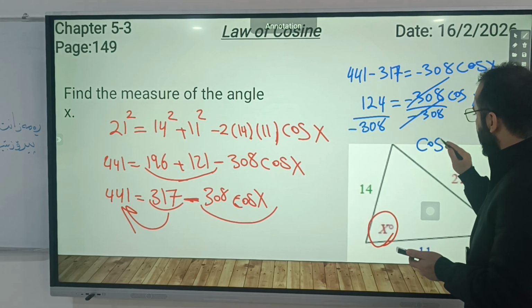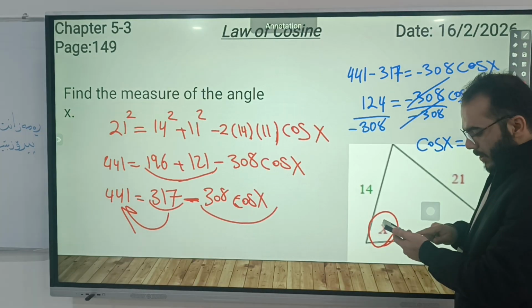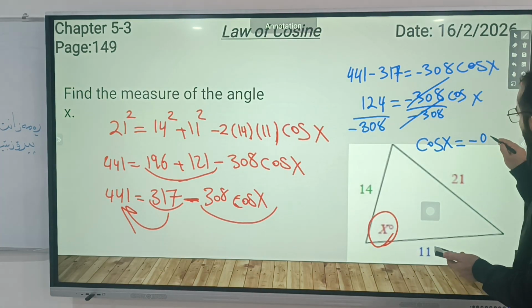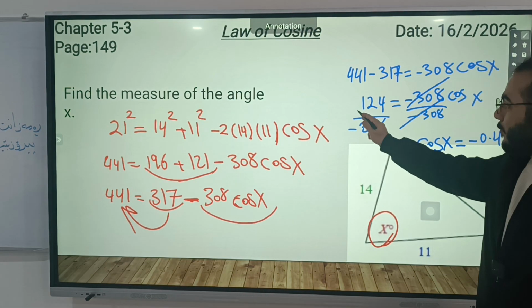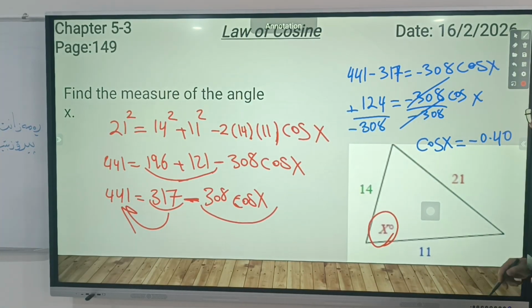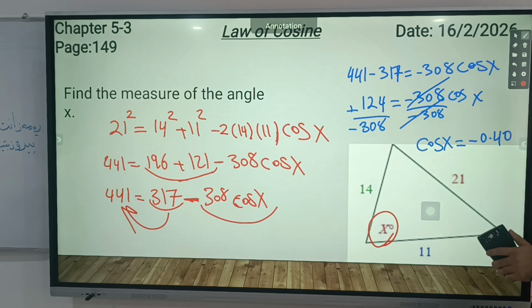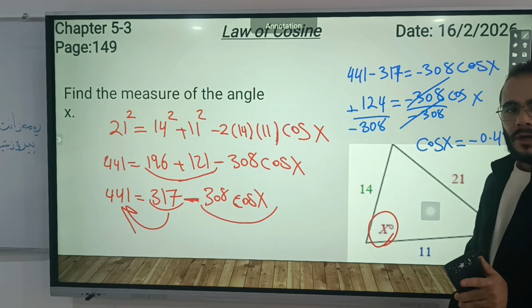So cosine x basically equals 124 divided by negative 308, which is negative 0.40. Positive divided by negative is negative. Now we have cosine x equals negative 0.40. We recently mentioned that if you want to find the angle, we need to use the inverse trigonometric ratio.